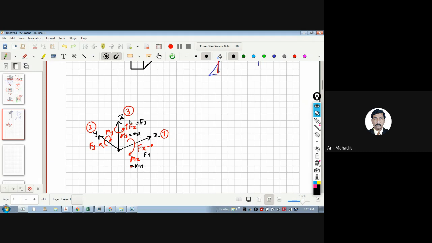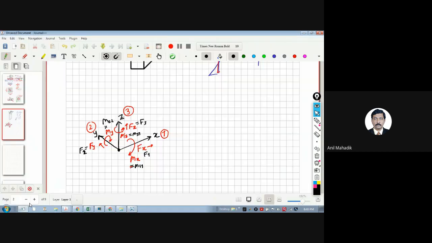Here Fy is F2 and My is M22. Now if you see the results of ETAP, you will see 1, 2, 3: Force 1 is F1, Force 2 is F2, Force 3 is F3, and the moments are M1, M2, M3.